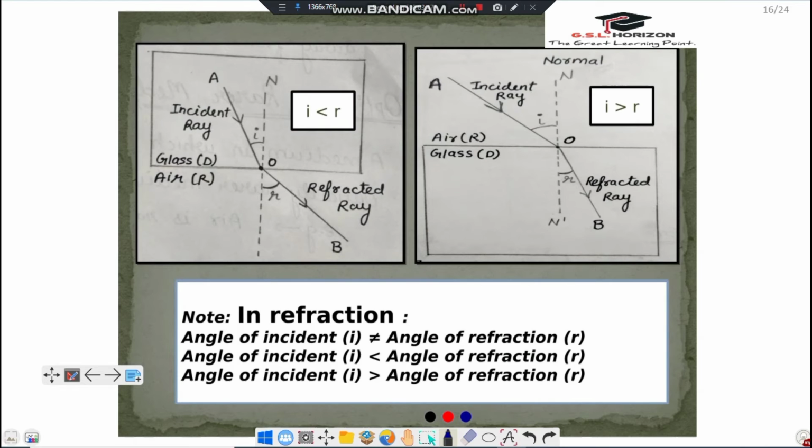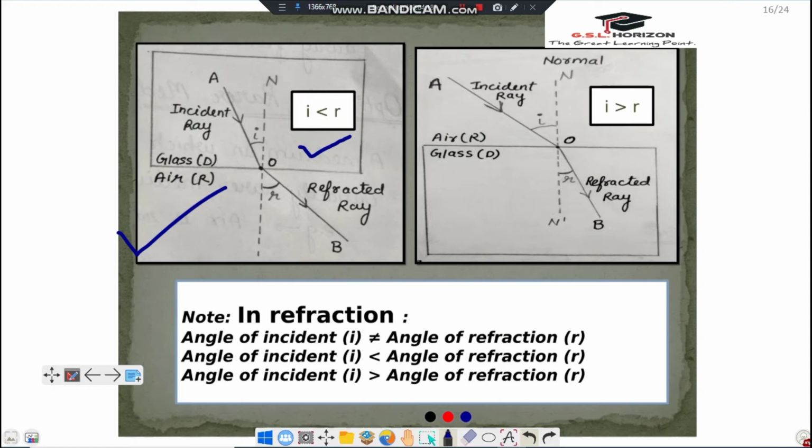Guys, come to the next one. When an incident ray passes from a denser medium to a rarer medium, as we can see on our screen, the angle of refraction is greater than the angle of incidence. How can we understand it?